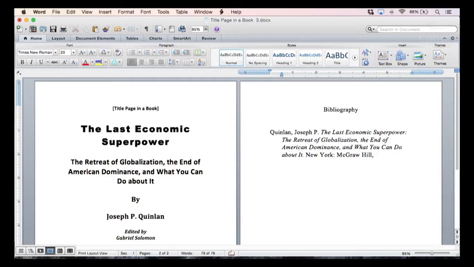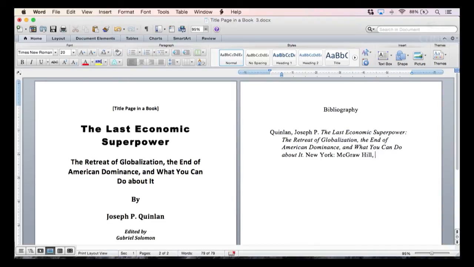If it just says McGraw-Hill, McGraw-Hill is the publisher. You do not have to include any of those extraneous words. McGraw-Hill is enough information. If you don't know whether it's a publisher or not, you need to probably look it up on the internet or contact your librarian or your professor to find out if it's a publishing company. Now, the next thing we do is put a comma, and for a book, we put the year.